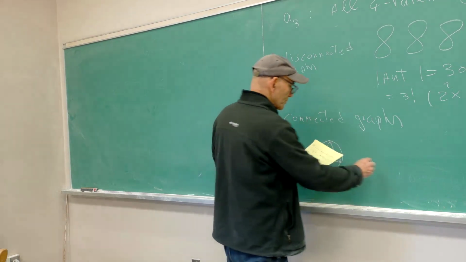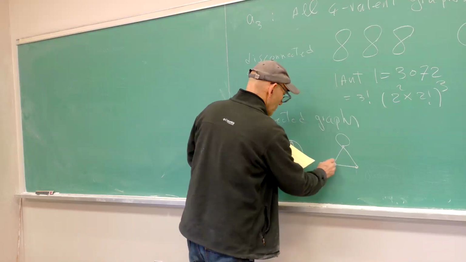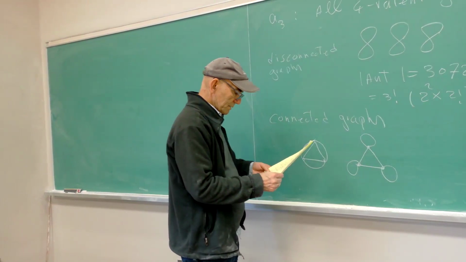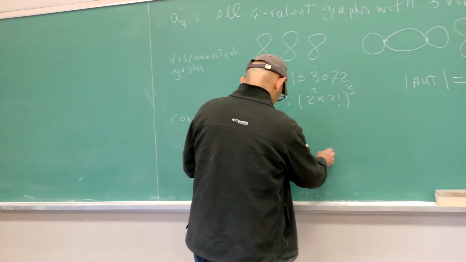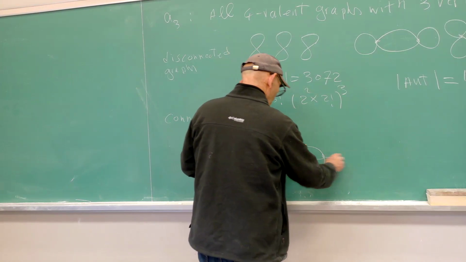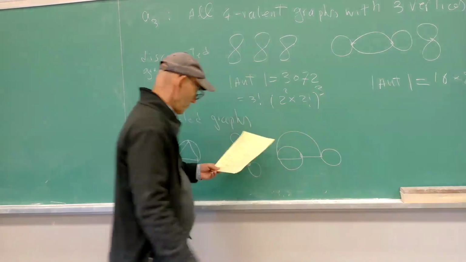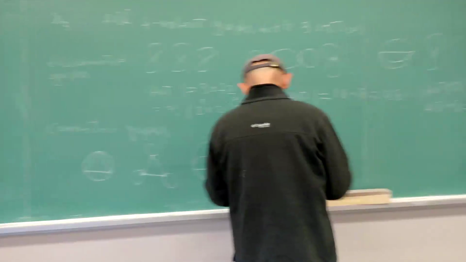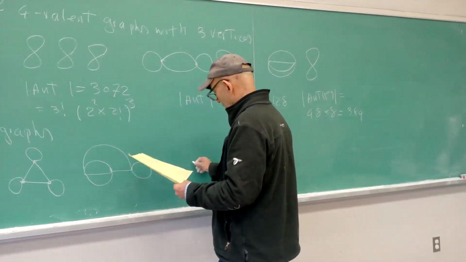There is a looped triangle. And there is some sort of theta and loop. This one. And the last one is just simple. There are 4 of them. 1, 2, 3, 4. Yeah, that's 4.